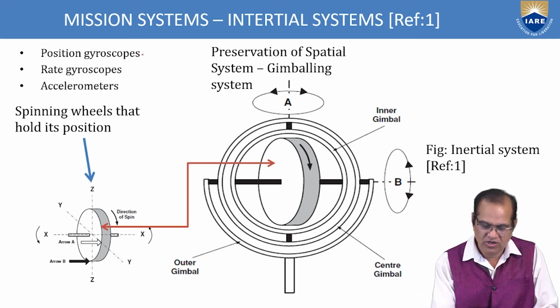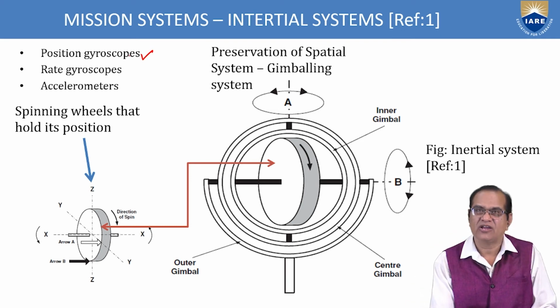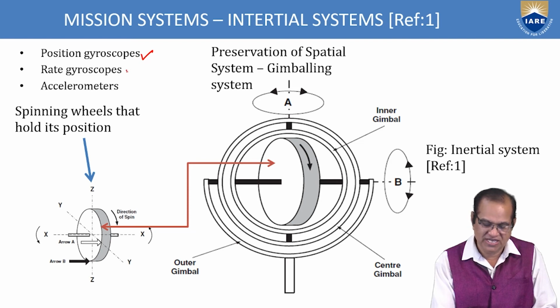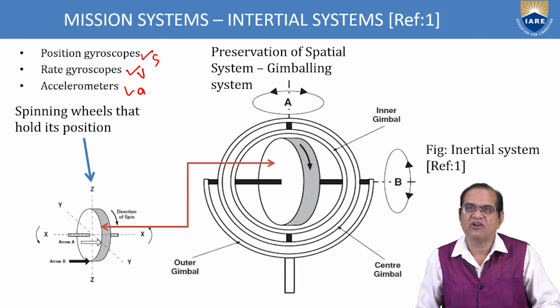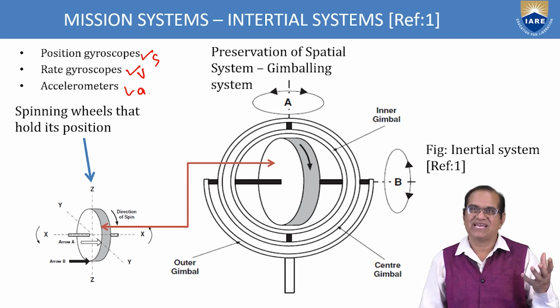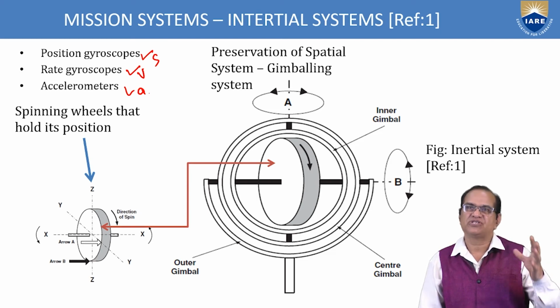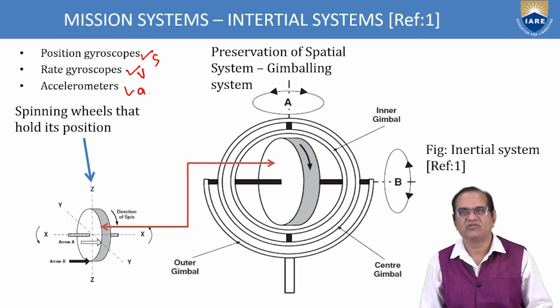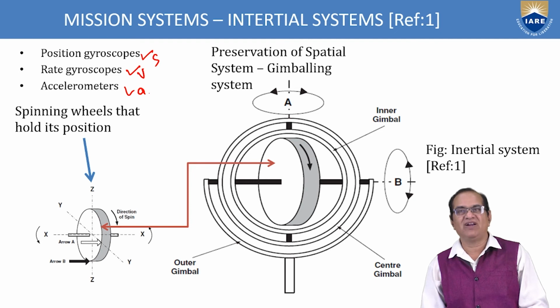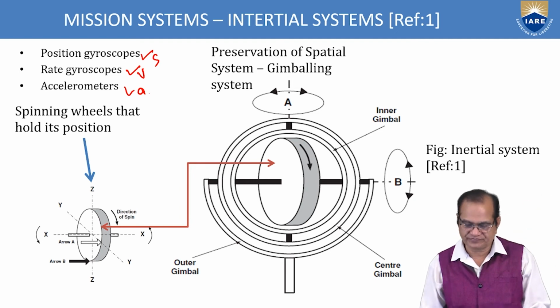Here we have the position gyroscope, rate gyroscope, and accelerometer. The accelerometer will give the acceleration, rate gyros will give the velocity, and the position gyros will give the distance, how much it has traveled and how much is remaining.